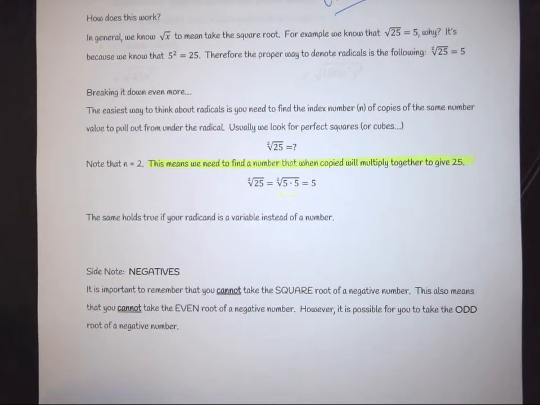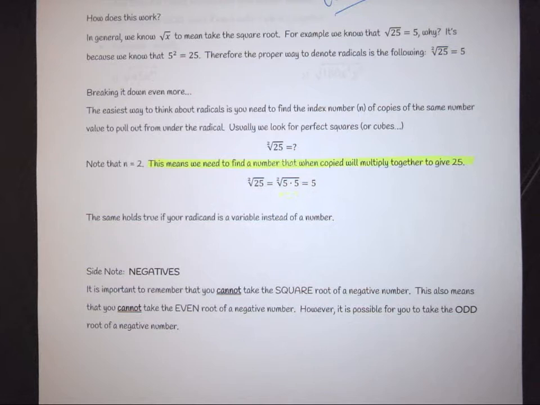Now, before we really get into it and take a look at some larger examples on how to simplify, we have to keep one thing in mind. And that is, at this point in time, we have not done anything in terms of the study of imaginary numbers. Therefore, if you have a negative appear underneath your radical sign, at this stage in the game, we have to follow the basic rule that applies.